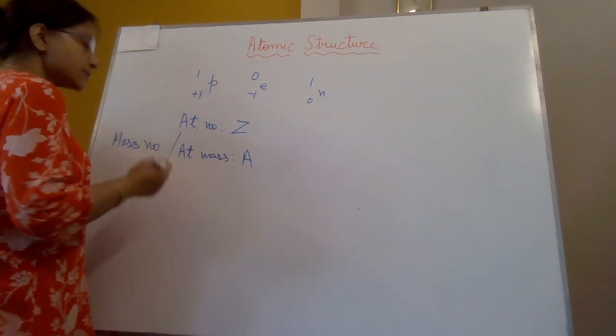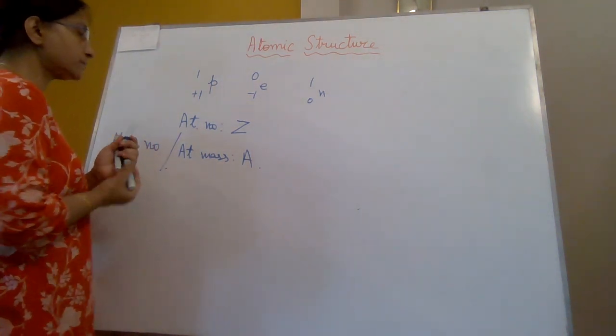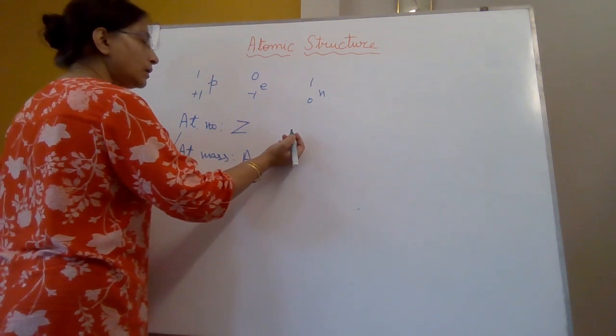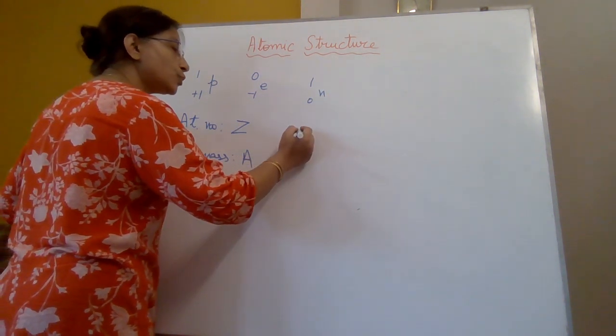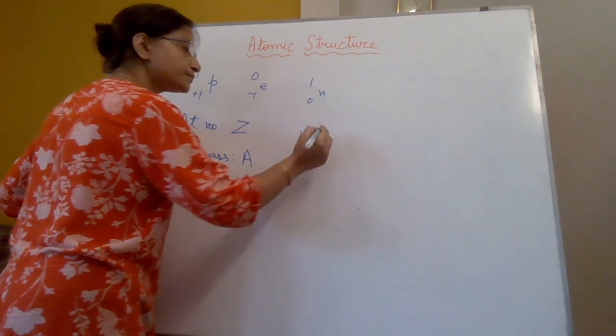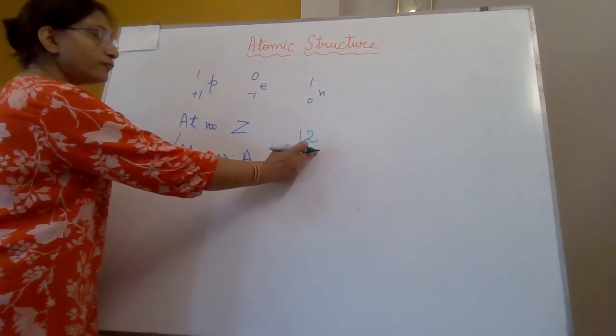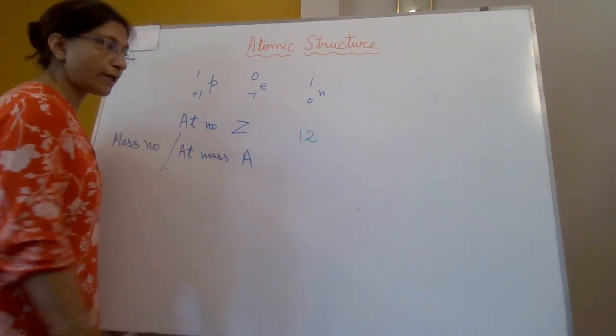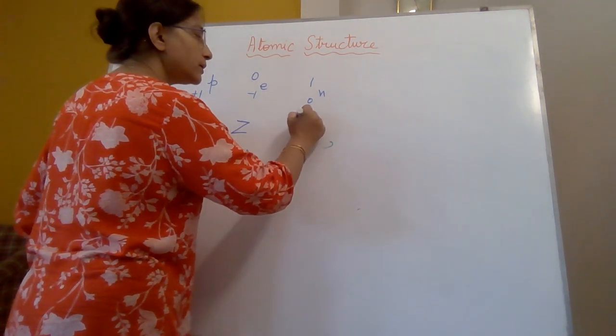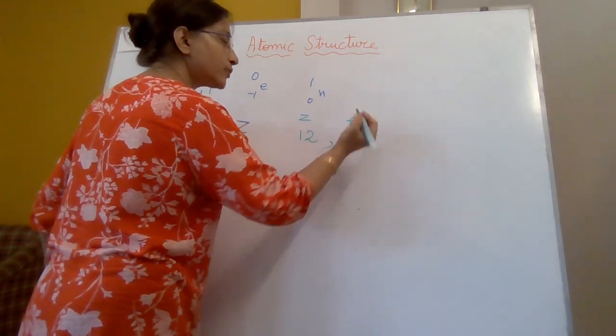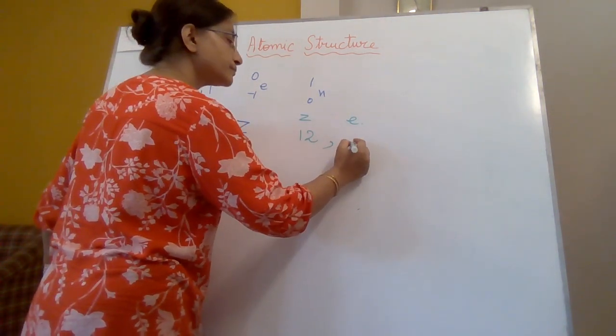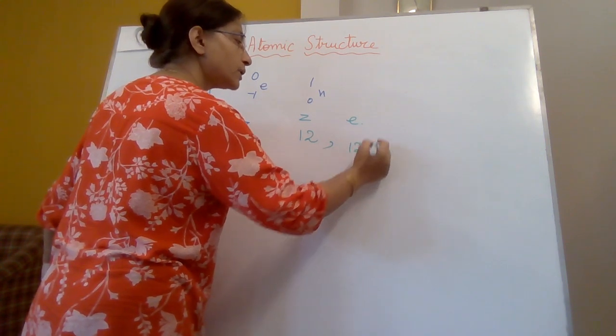Let us see. Suppose I have got the atomic number 12, right? I have got the atomic number 12 and the number of electrons is 12.